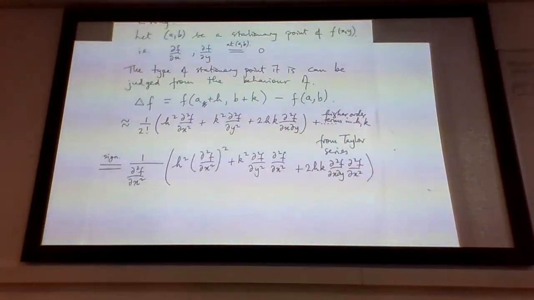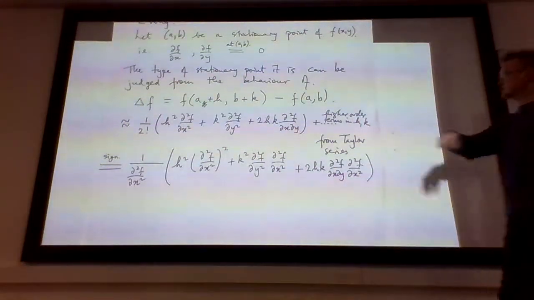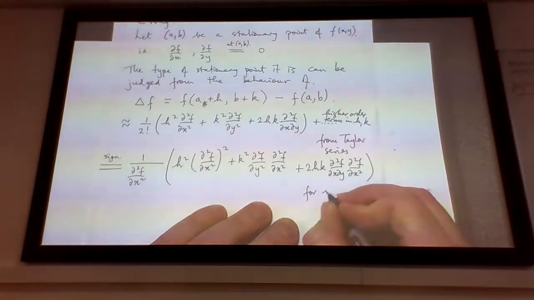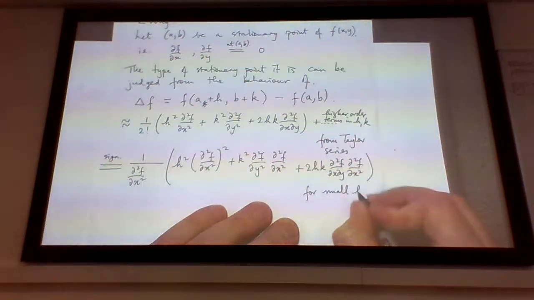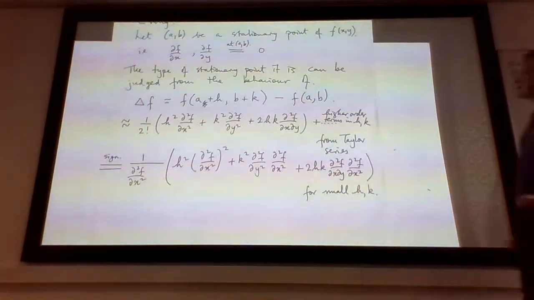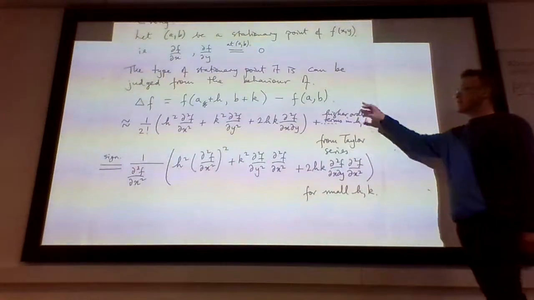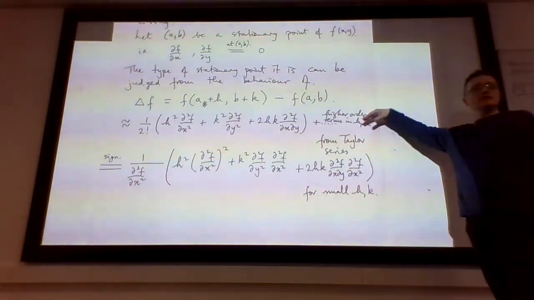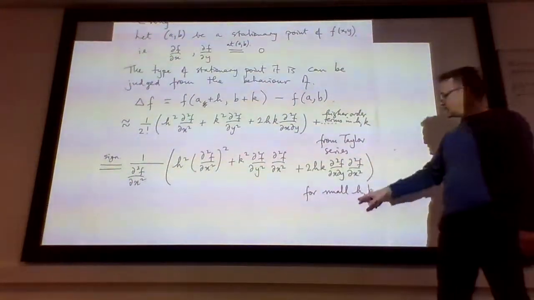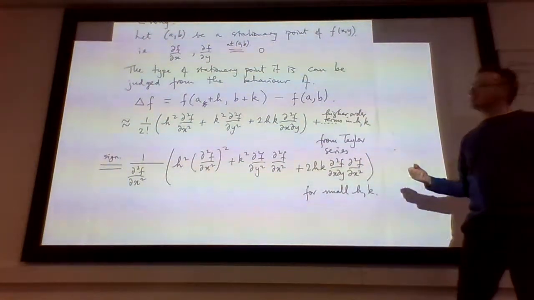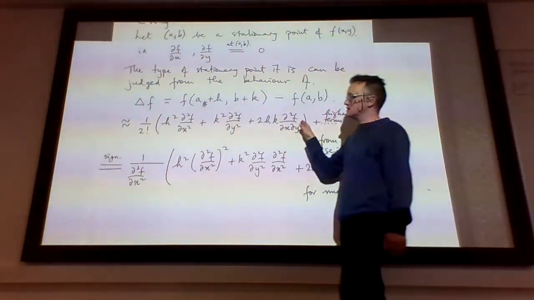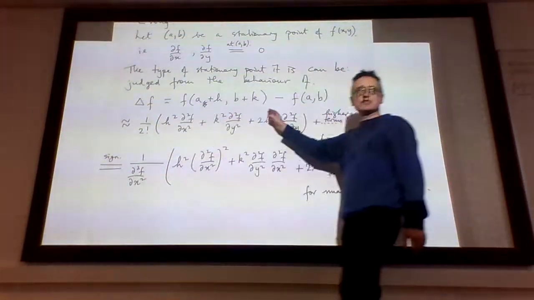And I can forget about the higher order terms in h and k as long as I regard that this expression is applying for small h and k. See, these higher order terms in h and k will have order at least 3, h cubes, k cubes, and so on. So as long as h and k are small, the behavior of this whole expression delta f will be dominated by these low order terms.